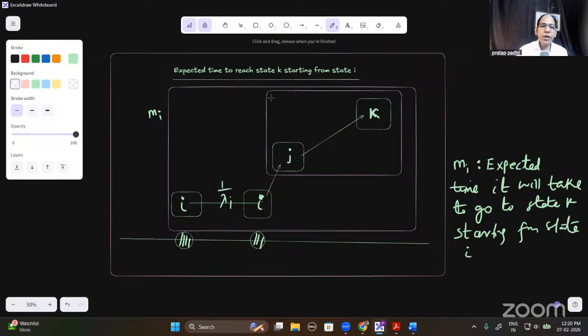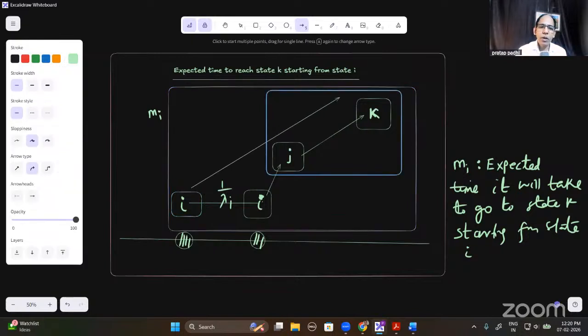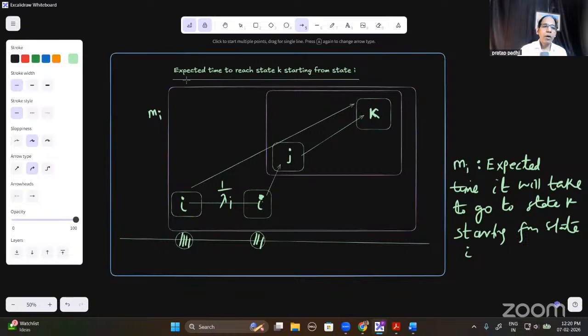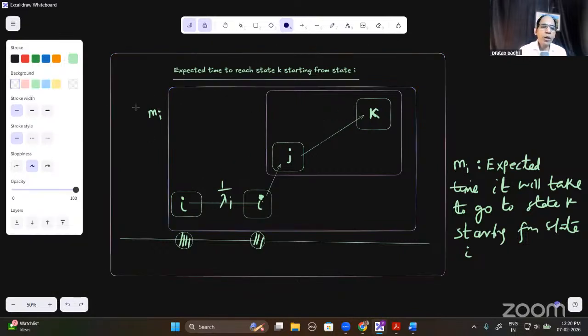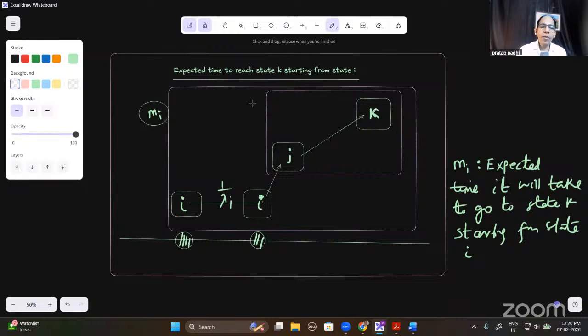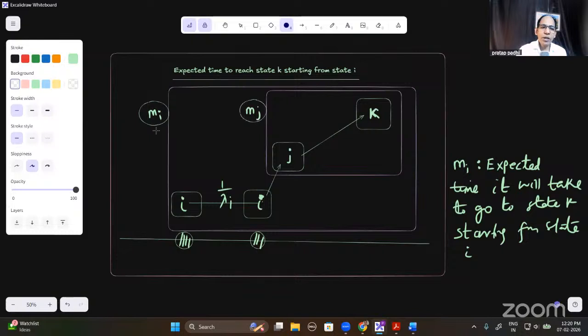We are interested in this, and Mi is the notation. If this one is Mi, this one will be Mj. Now we'll try to connect these two, and when you apply this time and again, you will be able to solve. That is called recursion. So what is the exact formula?